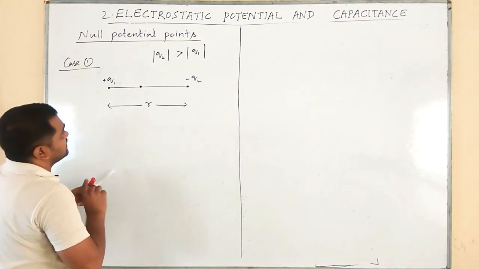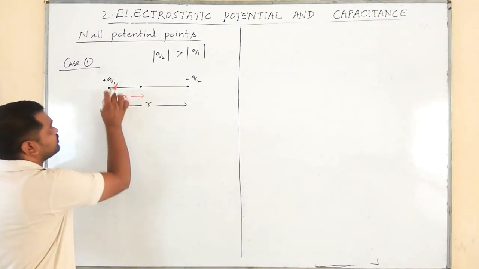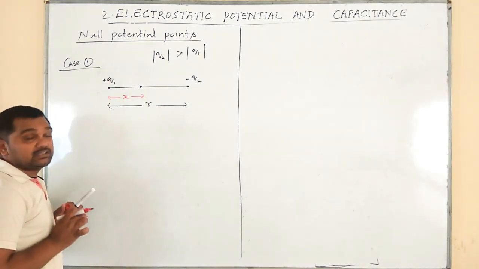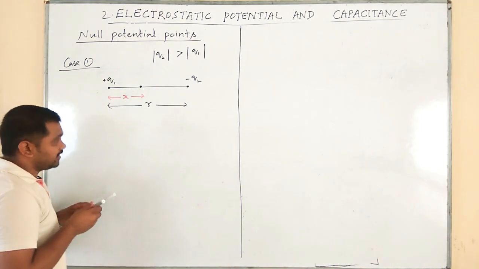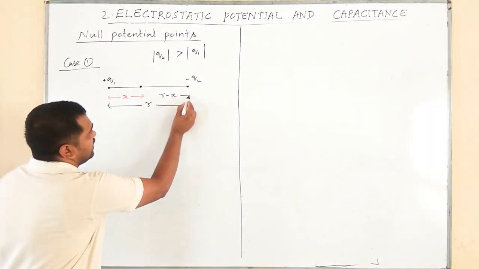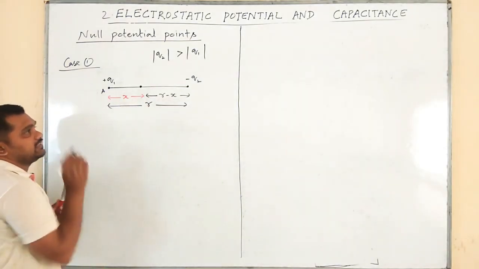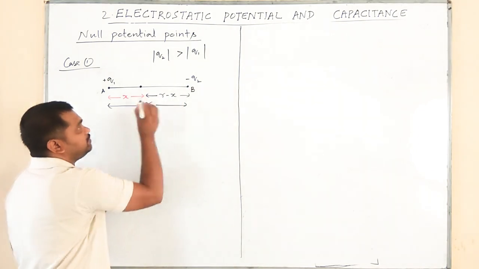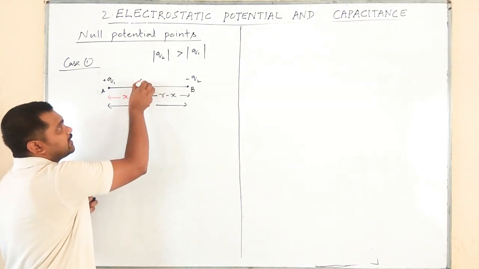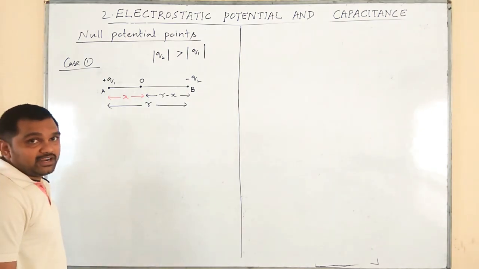Let us consider this distance as x, measured from the smaller charge, that is the charge with smaller magnitude. If it is x, then obviously the other distance is r minus x. Say this point is A, this point is B, and this point is O. In case 1, O is the null point.